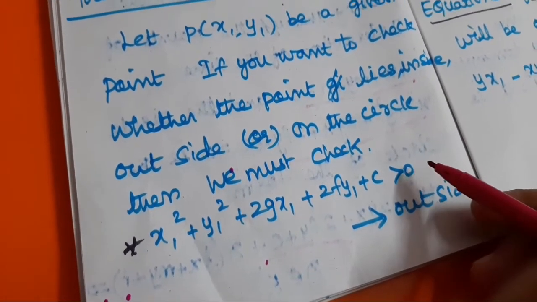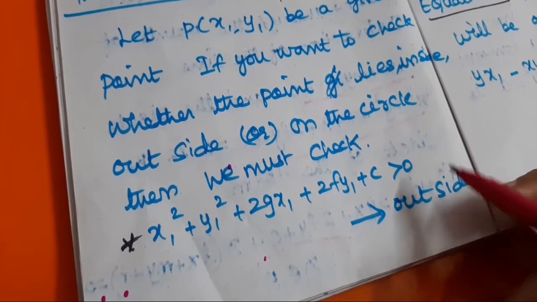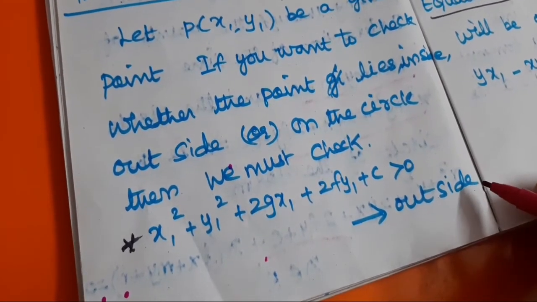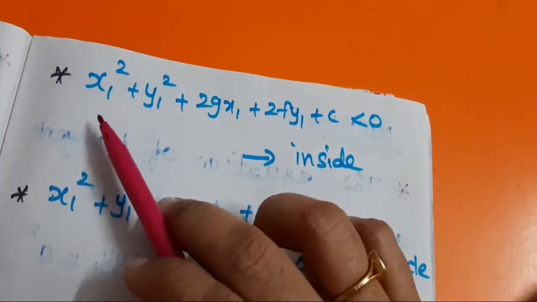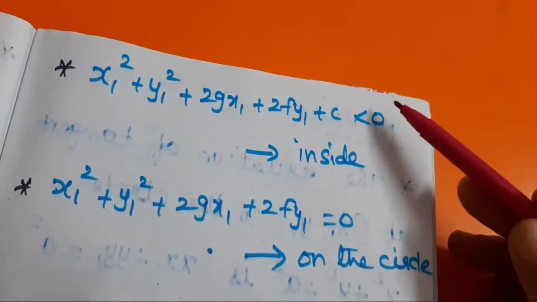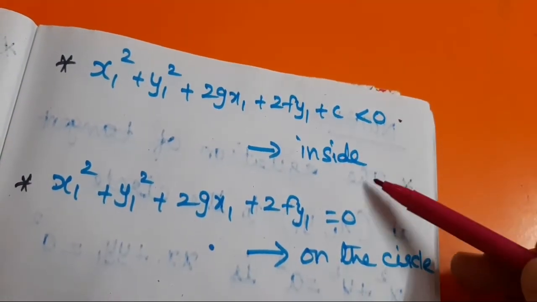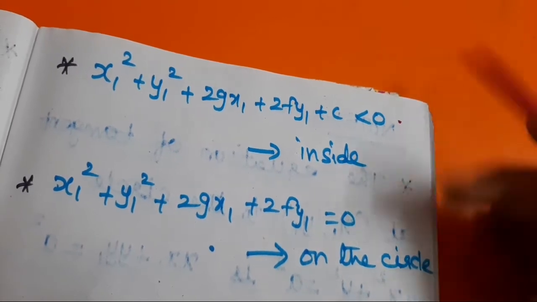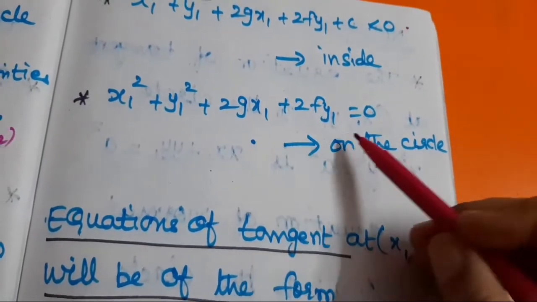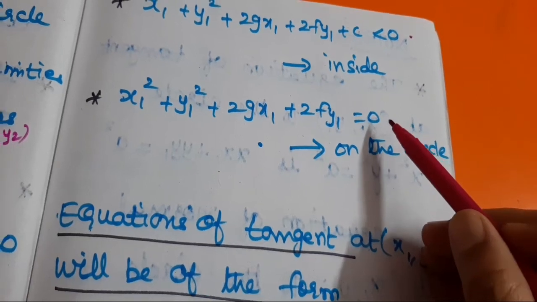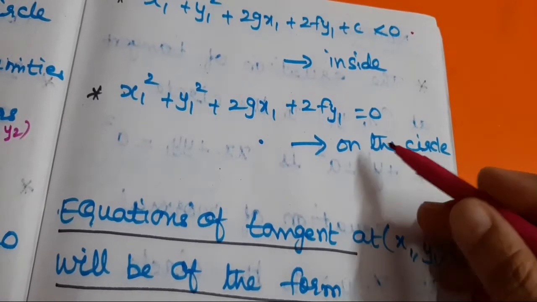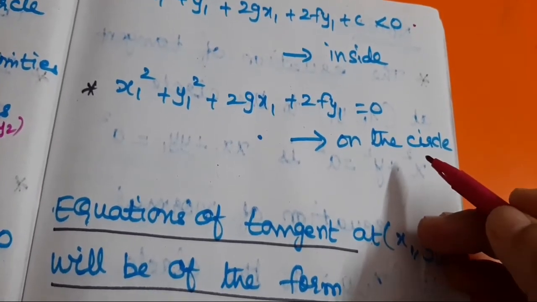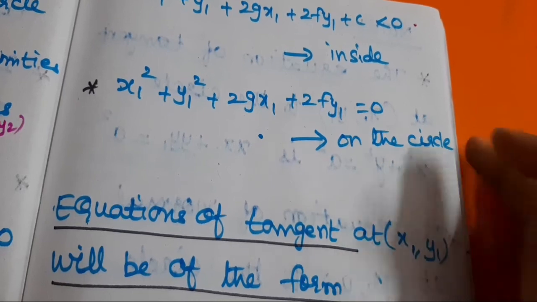If you get an answer greater than 0, that is a positive number, then the point lies outside the circle. After substituting, if you get less than 0, a negative number, then the point is inside the circle. If the total answer is 0, the point is on the circle. So like that we can check whether the given point is inside the circle, outside the circle or on the circle.